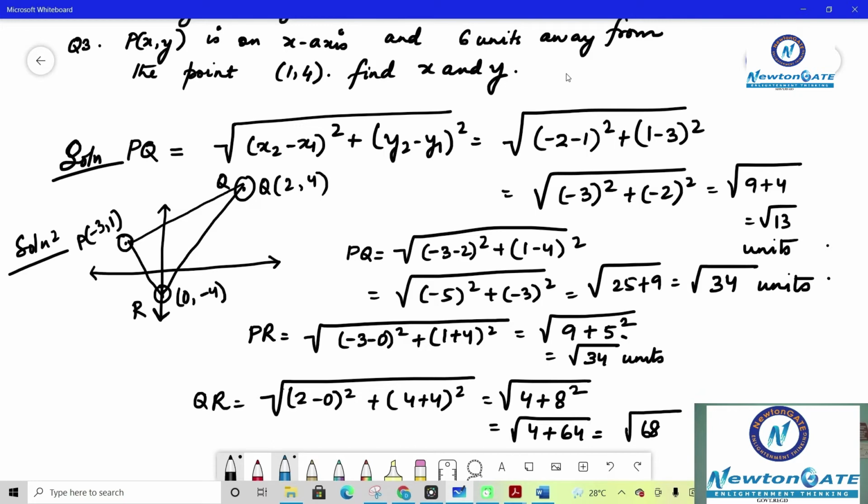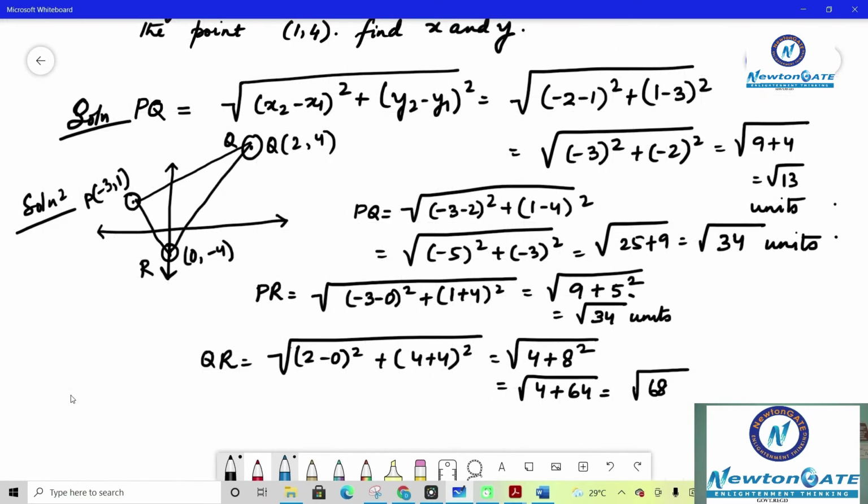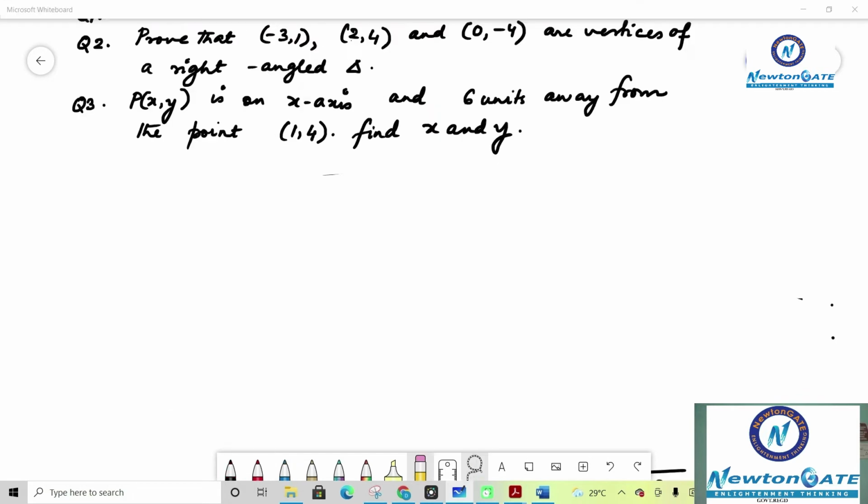Now, to check whether it is a right angle triangle or not, the sum of the squares of the smaller two sides should be equal to the square of the third side. So, PQ square plus PR square gives me 68, which is equal to QR square, and hence the triangle formed by these 3 points is definitely a right angle triangle.